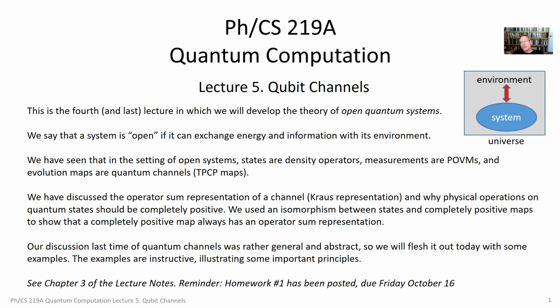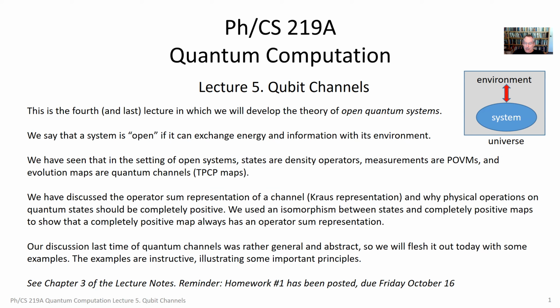So what I'll mostly talk about today are some examples of quantum channels. And to keep things simple, I'll consider quantum channels just acting on a single qubit, on a two-dimensional Hilbert space. And the examples will, I think, be instructive, apart from deepening our understanding of the general theory of quantum channels. They also have some lessons that are of physical interest.